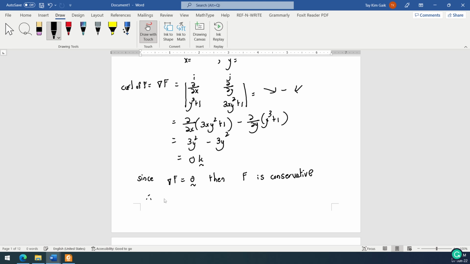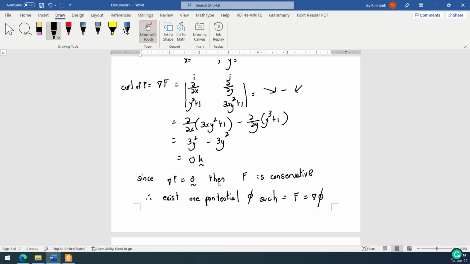Since curl F equals 0, then F is conservative. Therefore there exists a potential function, called phi, such that F equals del phi.